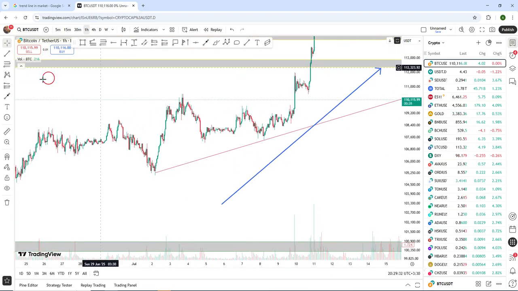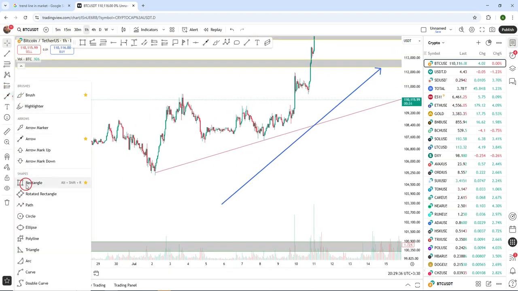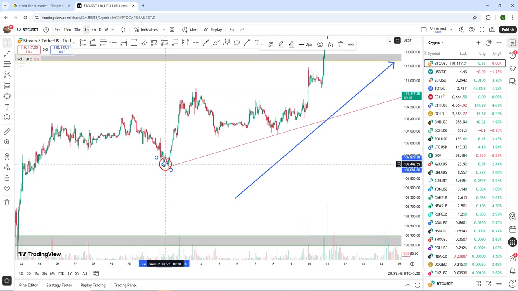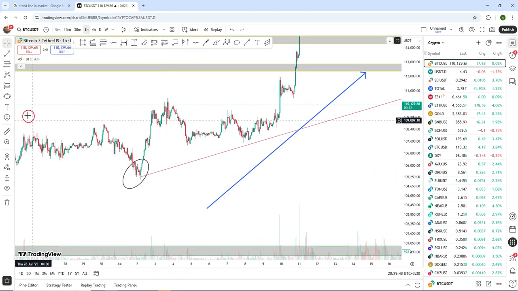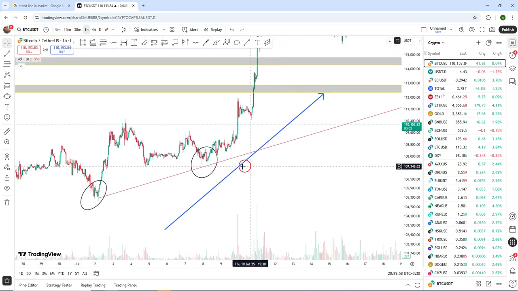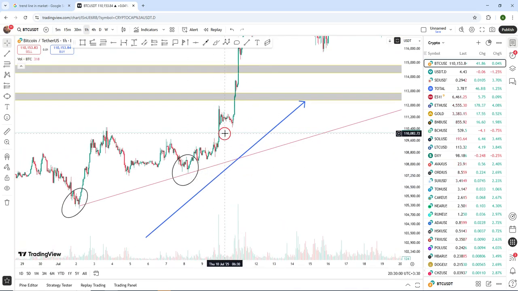As you can see, for example, on this area, let me show it for you, on this area and again on this area, every time the price hits this trend line it is going down.